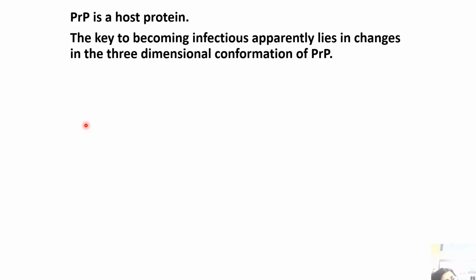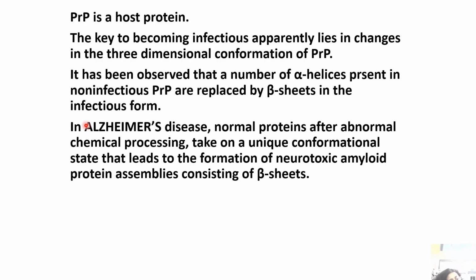Now, PrP is a host protein. The key to becoming infectious apparently lies in changes in the three-dimensional conformation of PrP. So it has been observed that the alpha helices present in non-infectious PrP are replaced by beta sheets in the infectious form.